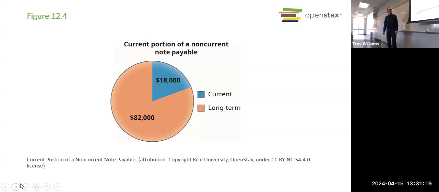So on the balance sheet, you would see $18,000 under current notes payable or short-term notes payable, and you would see $82,000 under long-term notes payable. Because remember, in the balance sheet, we can separate out current and long-term, both for assets and for liabilities.